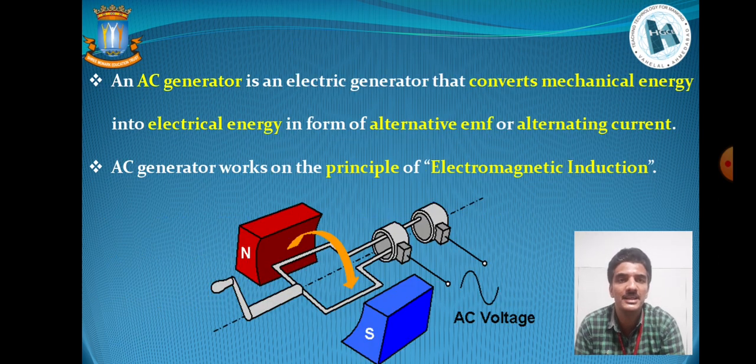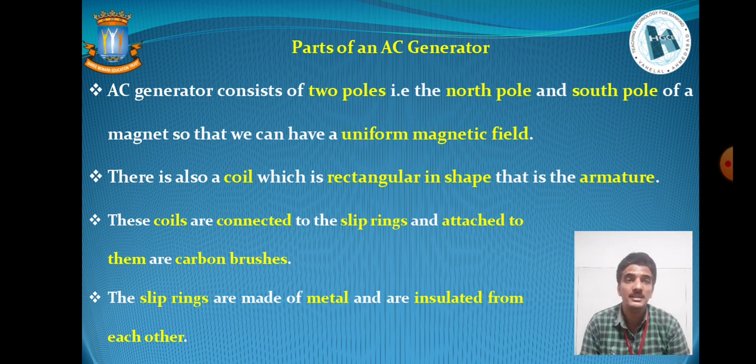Here you can see the direction of the magnetic field is from North Pole to South Pole, as the arrow shows. Moreover, the magnets are placed in such a way that the magnetic field is uniform, that is, a fixed amount in Gauss or Tesla. It will not be variable, and that is the basic requirement in the design of the AC generator.